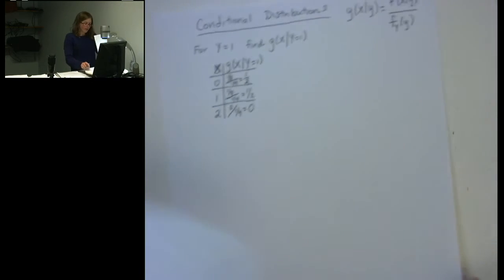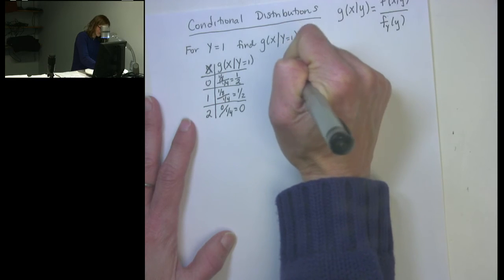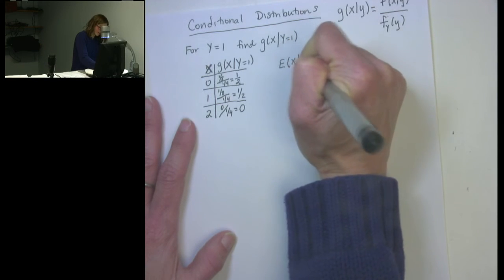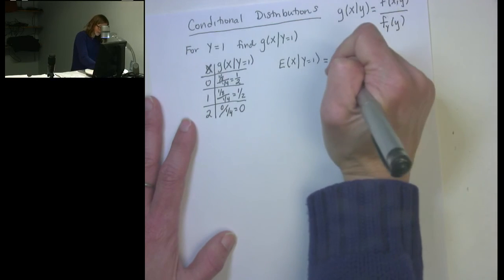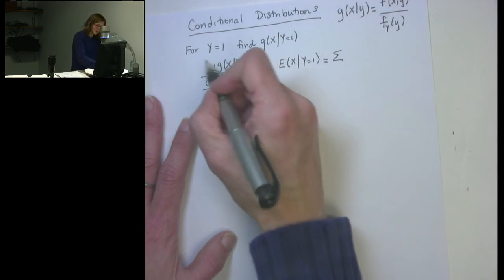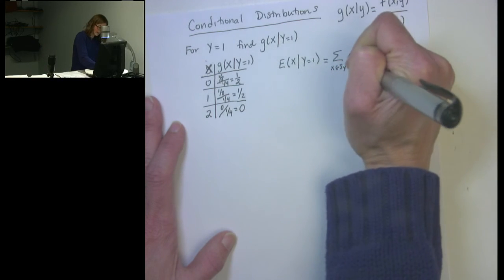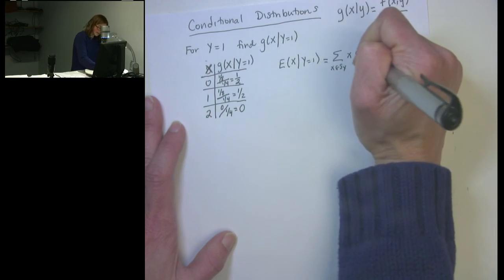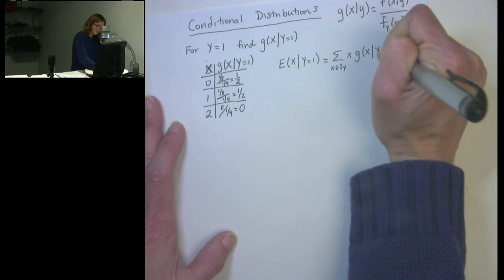Now, if I want to find the expected value of x, given that y is equal to 1, I'm going to add up for all of the values in the support of x. I'm going to take x times my conditional probability that x takes on that value given that y is equal to 1.